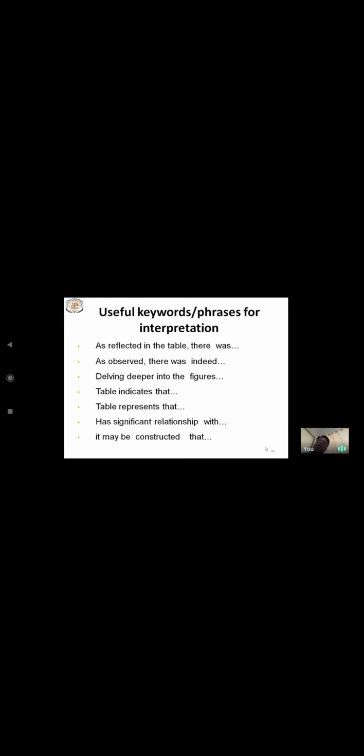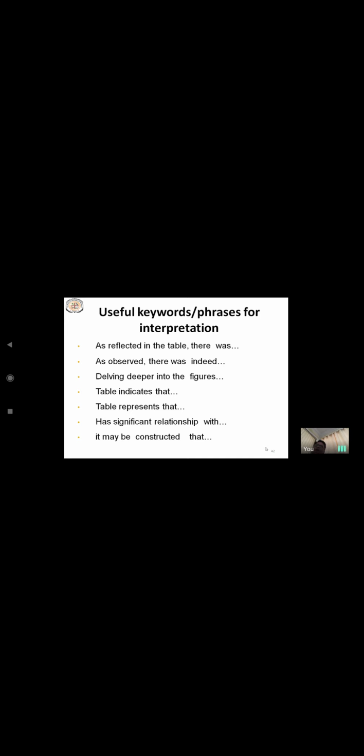Okay, so while this is the case study we have to do, what are the different keywords and phrases for interpretation that we have to take into our final writing? As reflected in the table, one should use such sentences or phrases while writing the final inferences or results and discussion.